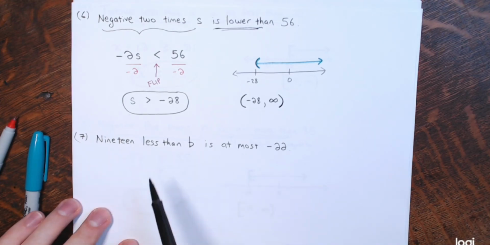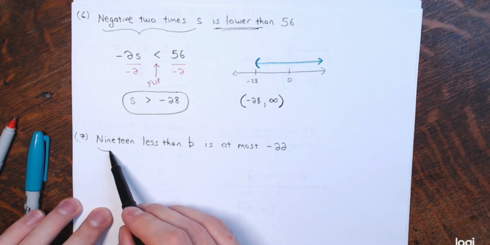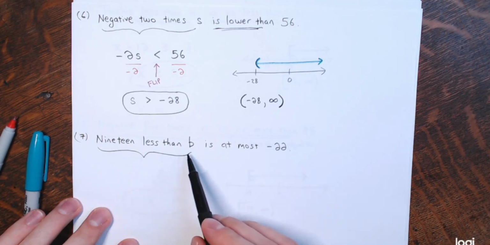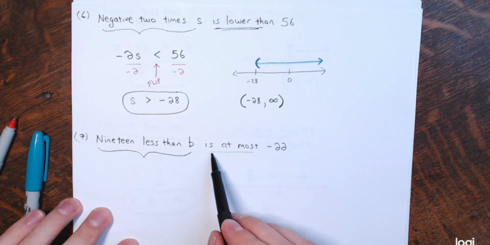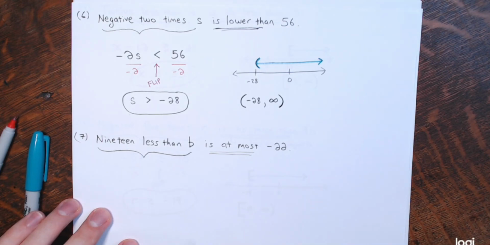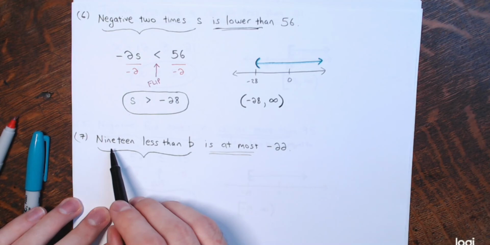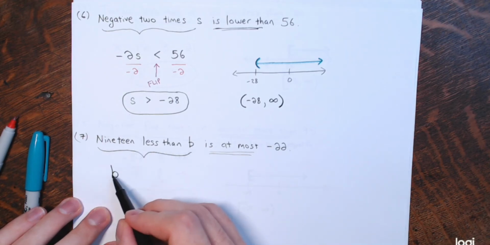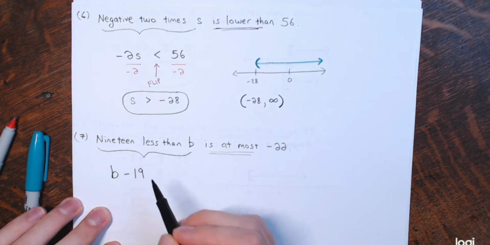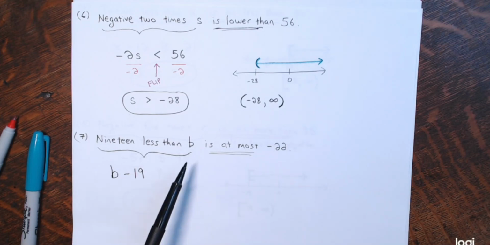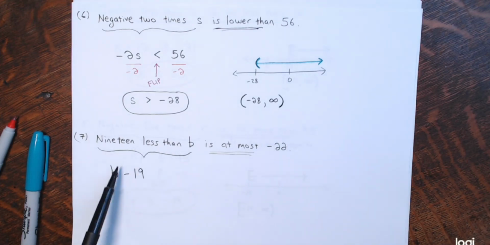Example 7. So again, 19 less than b. We saw one like this before. "Is at most" is the verb here, and then negative 22. Well, 19 less than b, remember that's b minus 19, not the other way around. All right, let's take whatever b is and do 19 less than that, subtract 19 from b.